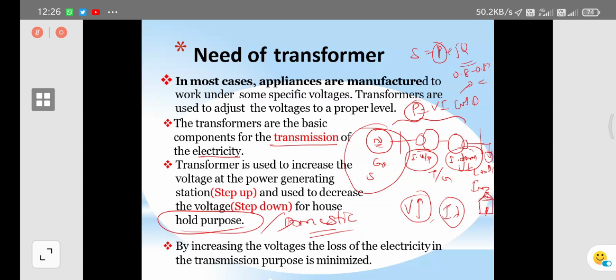By increasing the voltage, the loss of electricity in transmission is minimized, as I already explained before. So the transformer is used to step up or step down the voltage level with minimum power loss in the transmission line.